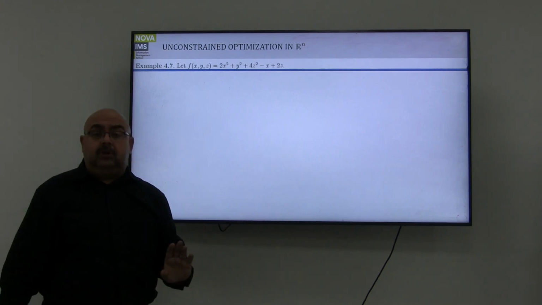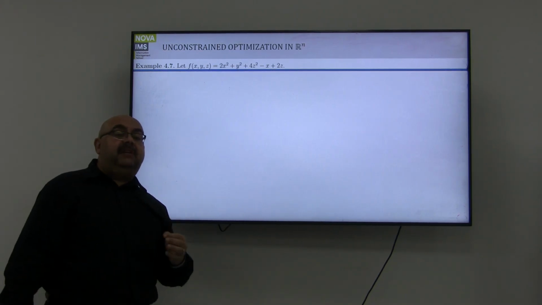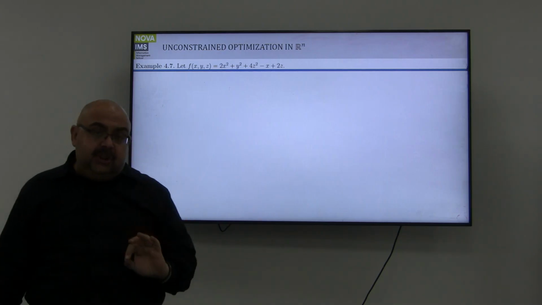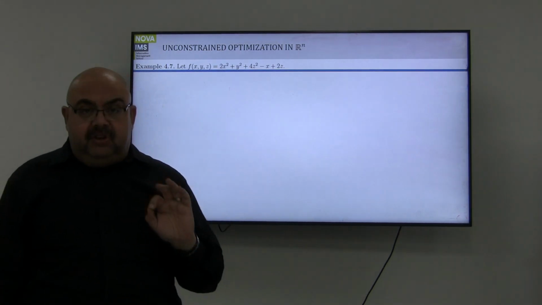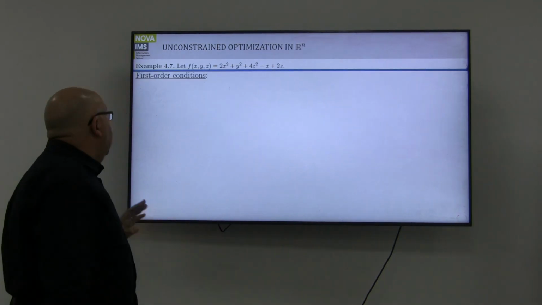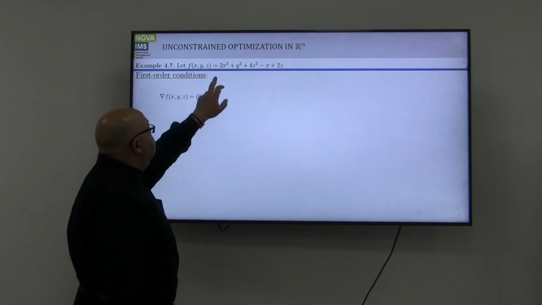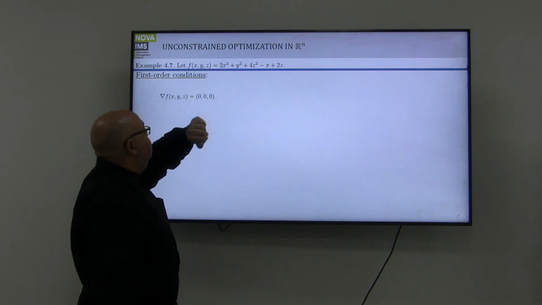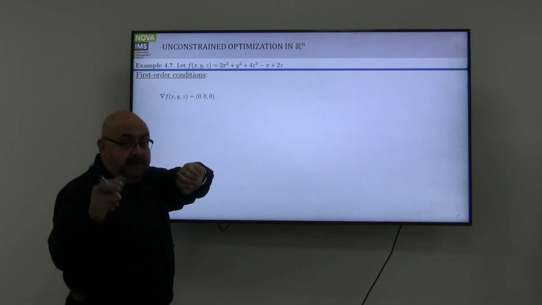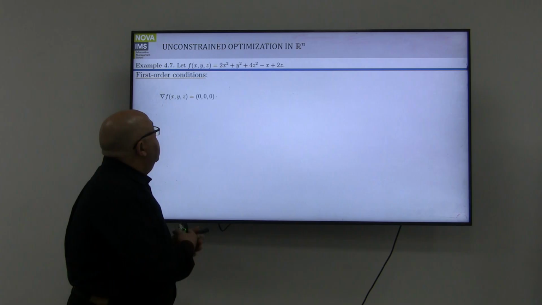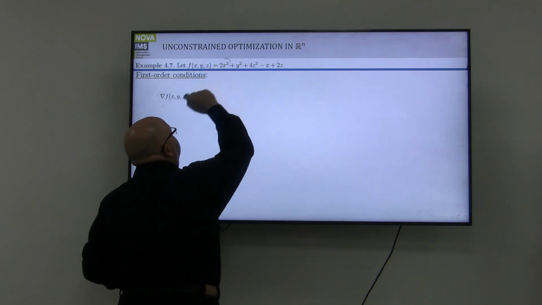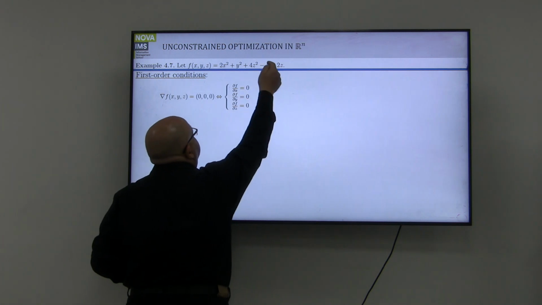So I would start by getting the gradient vector and putting it equal to 0, or finding the first differential and putting it equal to 0. So I would start with differentiating with respect to x, with respect to y, with respect to z, and equal to 0. If we start differentiating with respect to x, this is going to be 4x, then minus 1.